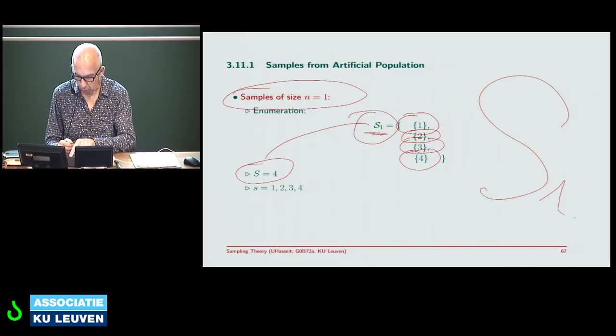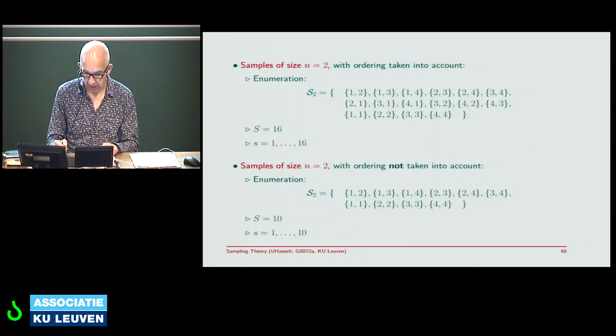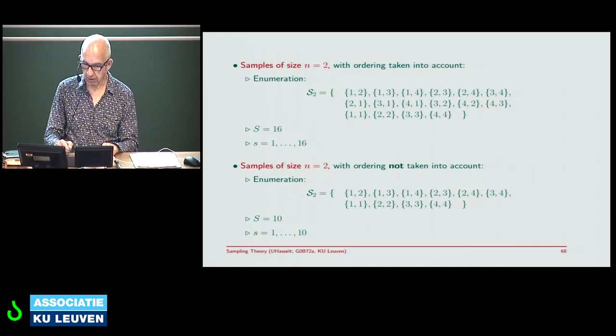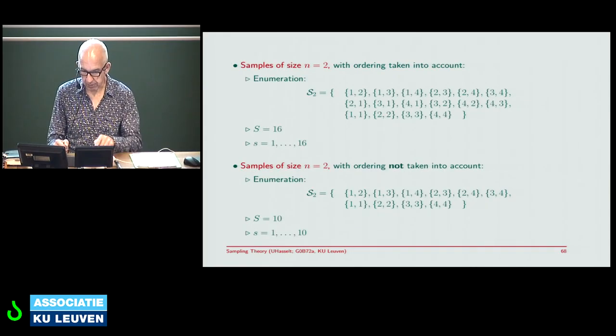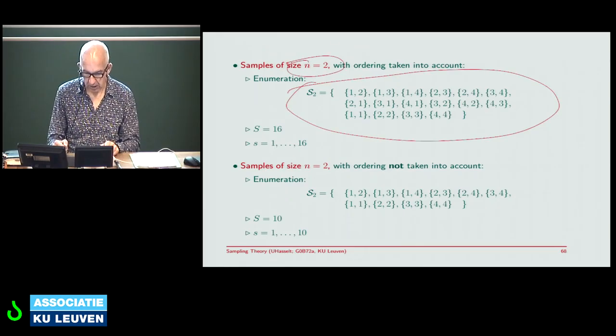Calligraphic S1 is this particular population of samples, and there are 4 units indicated by lowercase s. It becomes a little more clear if we turn to samples of size 2, because then you clearly see that this S2 is different from the population that we are actually considering.